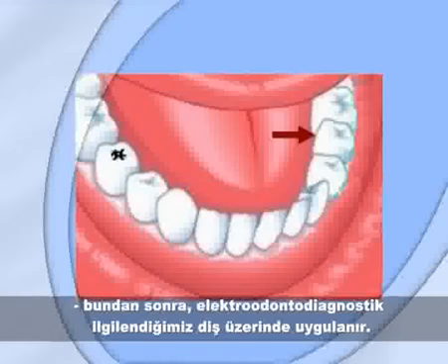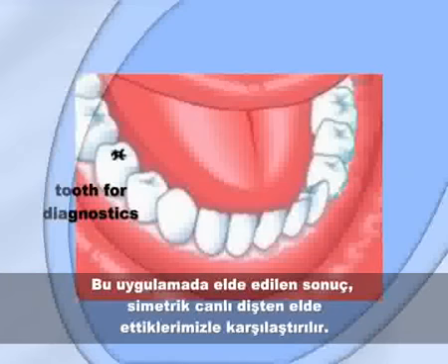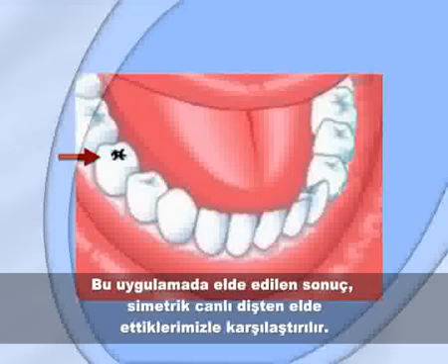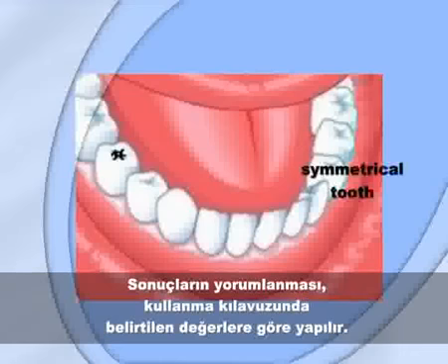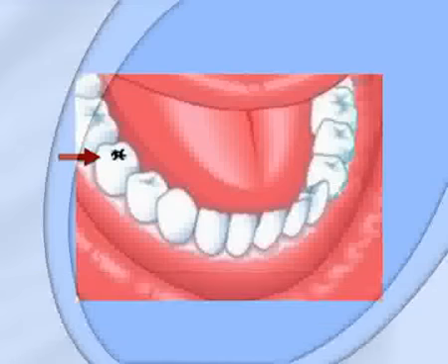After that, Electroodontodiagnostics is performed for the tooth we are concerned with. The results from the investigation are compared with the results of the symmetrical intact tooth. The interpretation of the results conforms to the values described in the user manual.